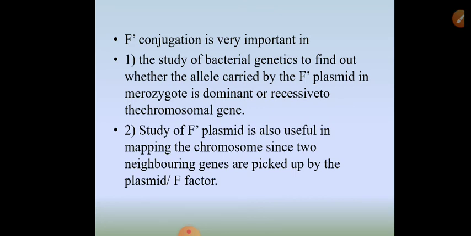When donor and recipient are there and a conjugation bridge is established between them, only then does the transfer of genes take place. There are three types of donor: F plus cells, HFR cells and F prime cells. So that is all about conjugation.